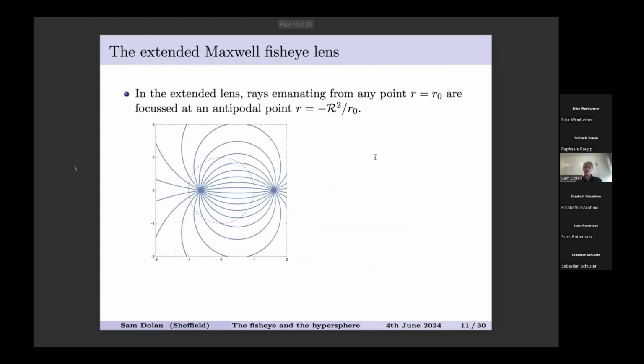In this extended version, if we start with a point source anywhere, the rays are eventually focused back to another point, and it would be the antipodal point in this sense. So there's a reciprocal relationship here, and it's a point on the opposite side of the origin.